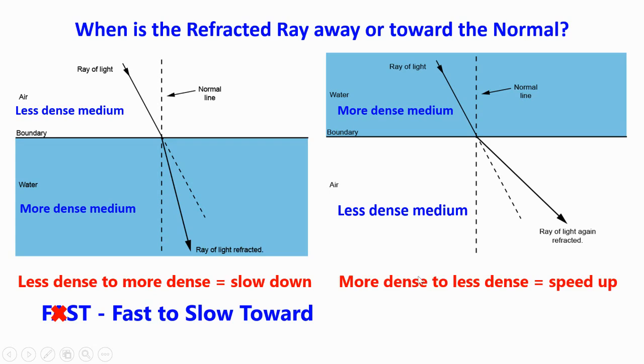So more dense to less dense, the wave is going to speed up. One acronym to remember this is SOFA, and you are going to exclude the O. So slow to fast is away from the normal. Slow to fast, away from the normal.